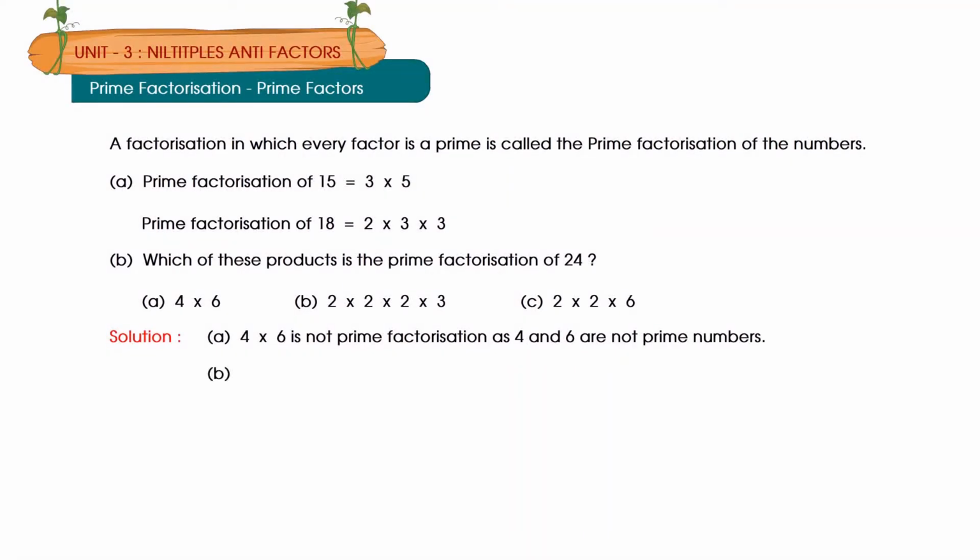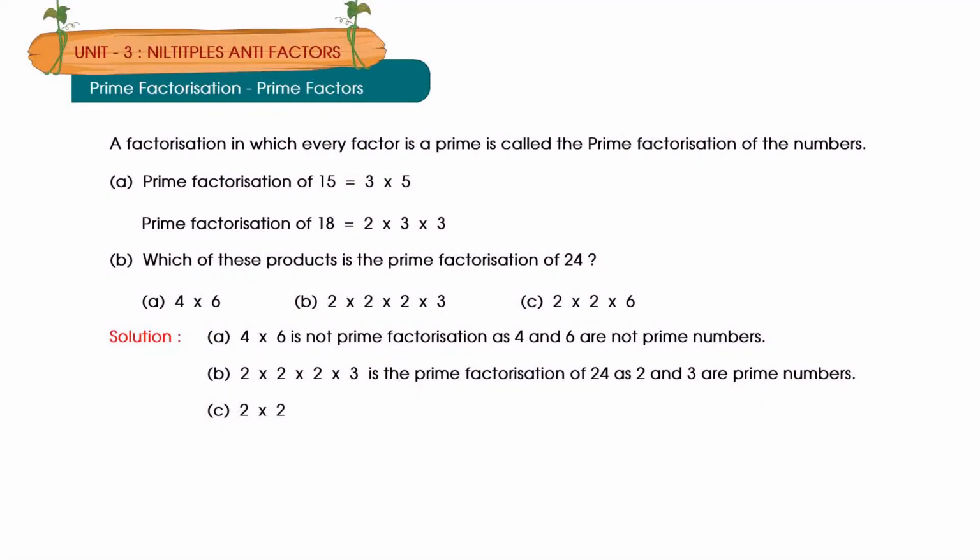B. 2 into 2 into 2 into 3 is the prime factorization of 24 as 2 and 3 are prime numbers. C. 2 into 2 into 6 is not prime factorization as 6 is not a prime.